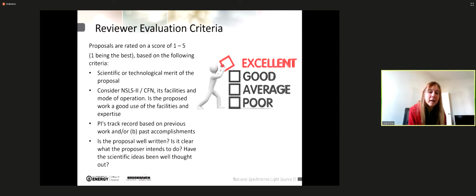So it is important to make sure the proposal is well written. In terms of scoring, I don't have the numbers on this slide, but the most heavily weighted section is the scientific or technological merit, and then these other three are about equally weighted.